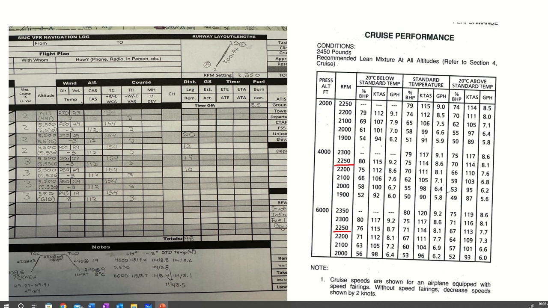Now, remember how I also had the temperatures there along with my wind information? Well, that comes into play again here. We saw that there is a temperature of -3 degrees at my cruise altitude. If we go off of a standard atmosphere, where the temperature at sea level is 15 degrees Celsius and we're losing 2 degrees per thousand, how much are we supposed to lose on the way up?